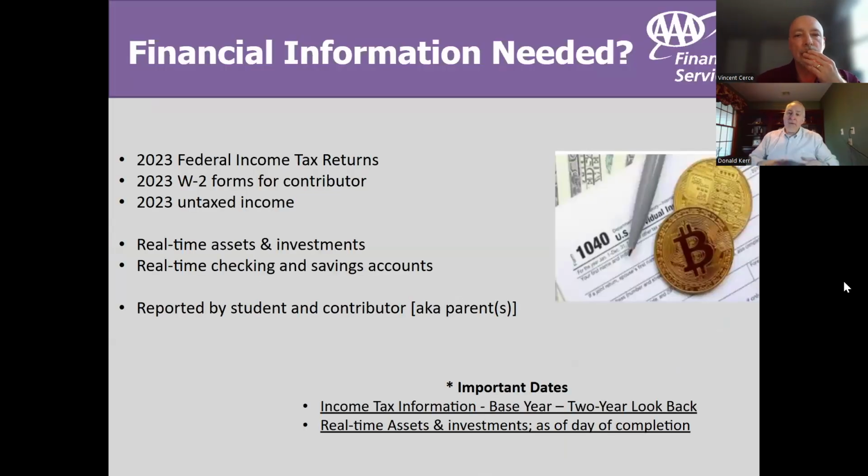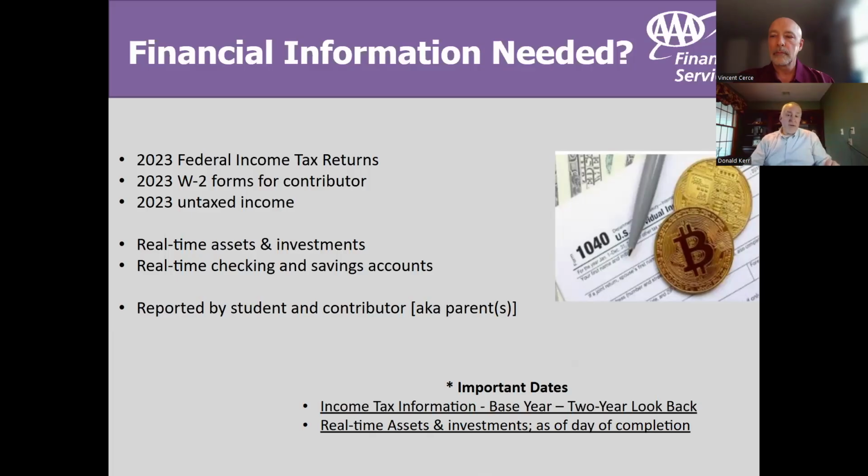Okay, so for doing the FAFSA form, applying for federal financial aid, you're going to need your prior year tax returns. So anybody who has a senior in high school right now would have filled out the 2024 federal tax returns, and 2024 W-2 forms is what would be needed.